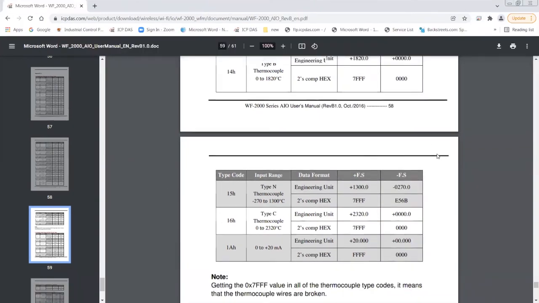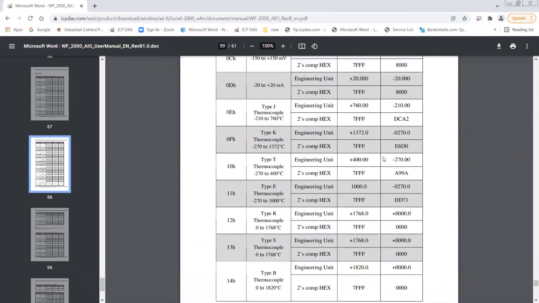Let's just use J-type as a sample. Within J-type, the temperature range is negative 210 to 760. The module itself will display 2 decimal points for engineering units between negative 210 and 760, or in hex format, which will give you the better resolution.